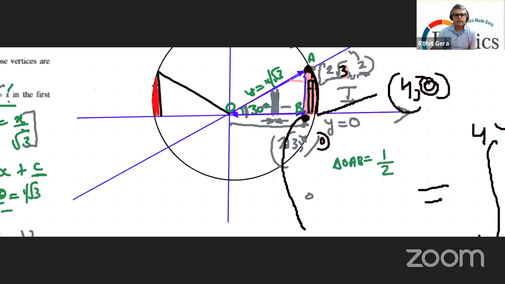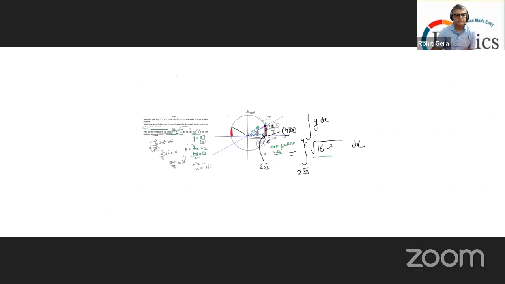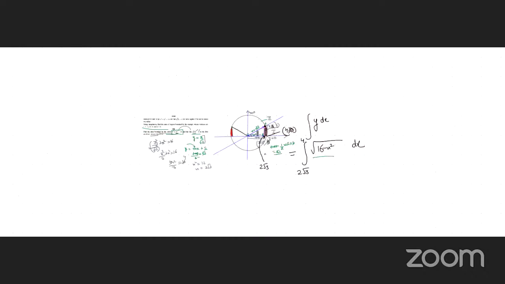Base is 2 root 3 and the height is 2. So one area is 2 root 3. The balance area is this integral, which we have written on the right hand side, which is known directly, a square minus x square. Put the values at both the limits, answer.